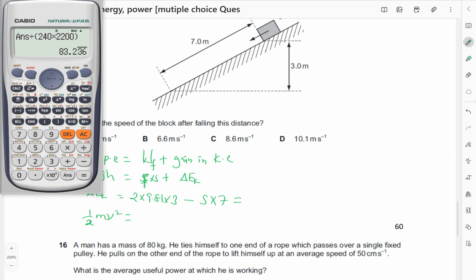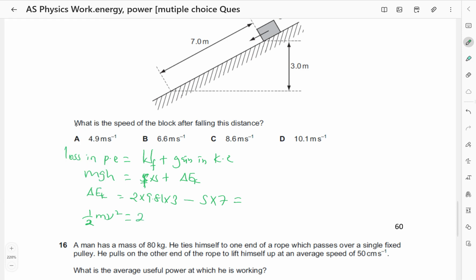So a half mv squared is equal to 2 times 9.81 times 3 minus 5 times 7, which is 23.86. That is the kinetic energy.